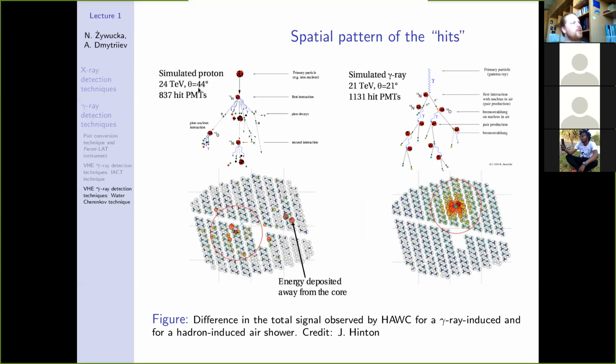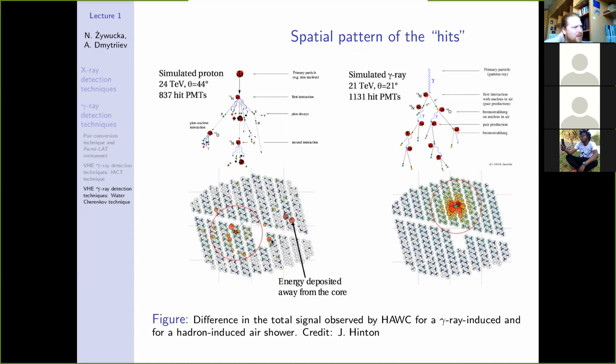This picture here represents what I just said. On the left, you see a cosmic ray, a proton with energy of 24 TeV. That is a simulation. This is the shower, and it develops, so you have higher transverse momenta and electromagnetic subshowers. The net result is that it strikes the detectors, the water tanks, which receive signal.